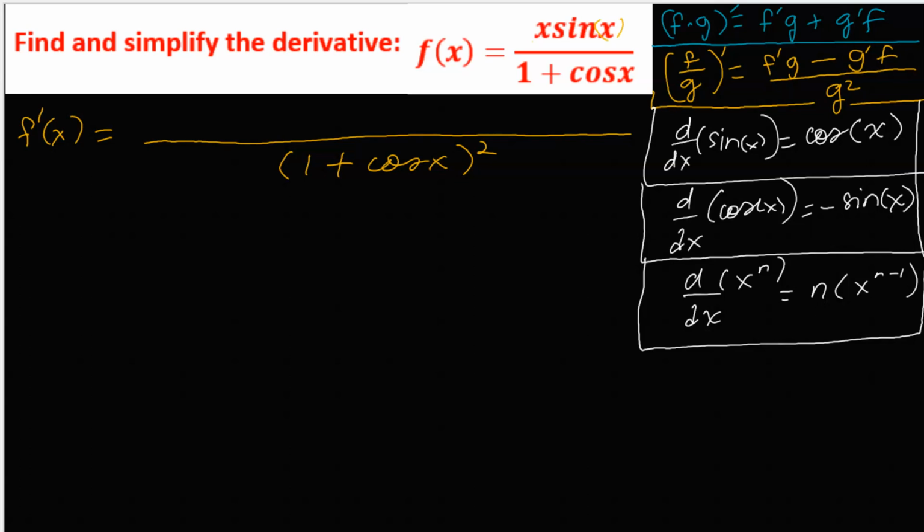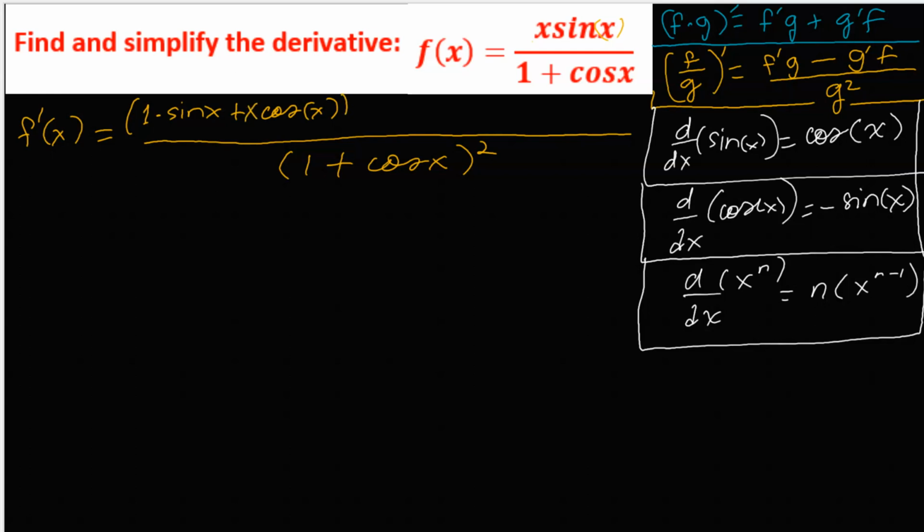So the product rule will apply when I take the derivative of the first. The product rule says the derivative of the first, which would be 1 times sine of x, plus the derivative of sine of x, which is cosine of x, multiplied by x.